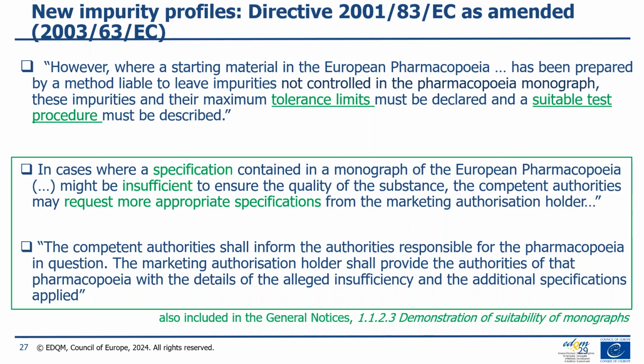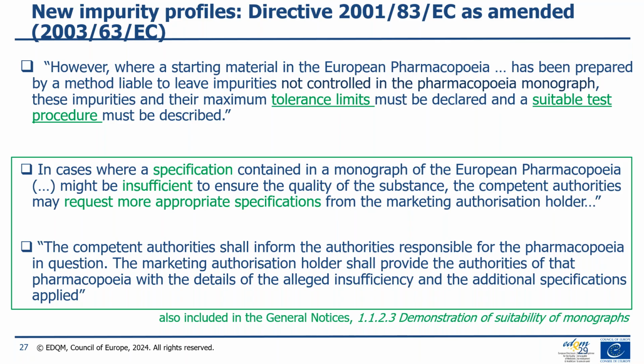There are also cases where a specification described in a monograph might not be sufficient to ensure the quality of the substance. In this case, the marketing authorization holder would be requested by competent authorities for more appropriate specifications.